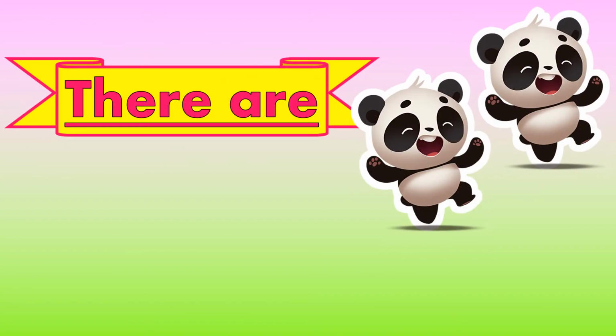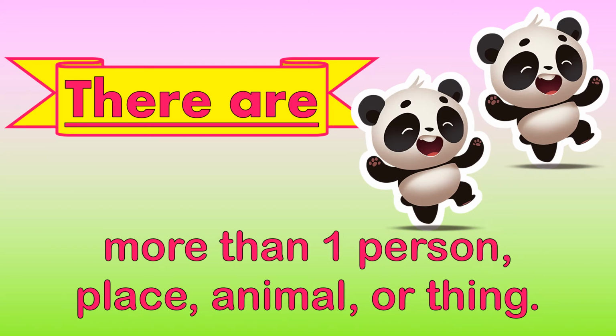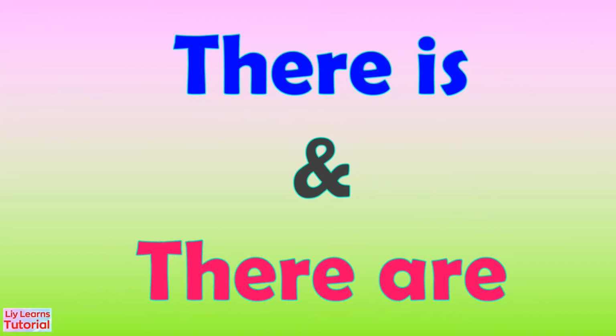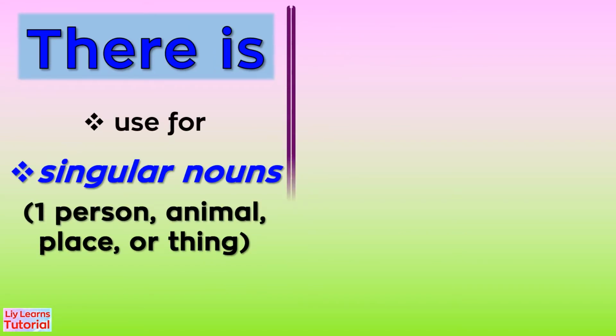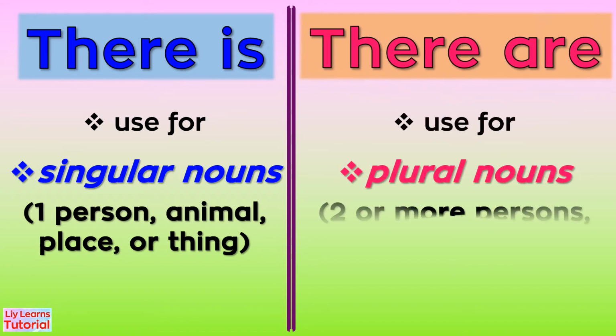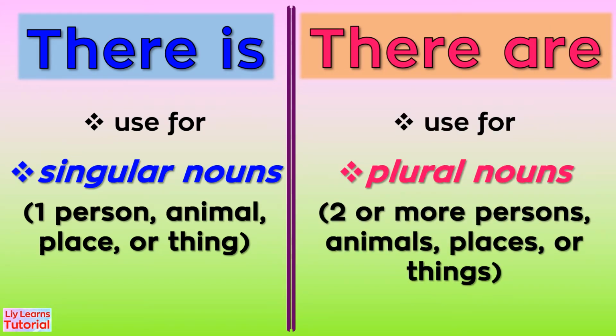And we use there are with more than one person, place, animal, or thing. In short, there is used for singular nouns, and there are is used for plural nouns.